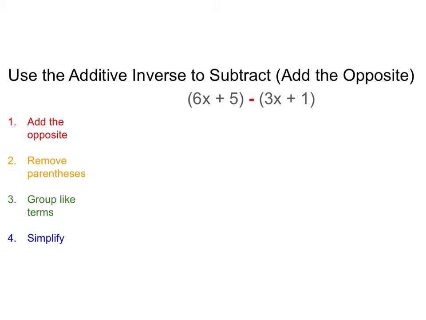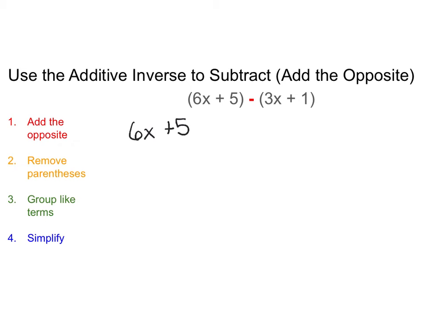Okay, so we're going to use the additive inverse to subtract. Okay, so I see that I have 6x plus 5, and then I'm taking away everything, 3x plus 1. So I'm going to add the opposite. Okay, so I have 6x plus 5.